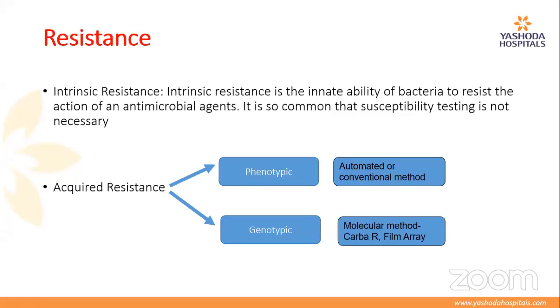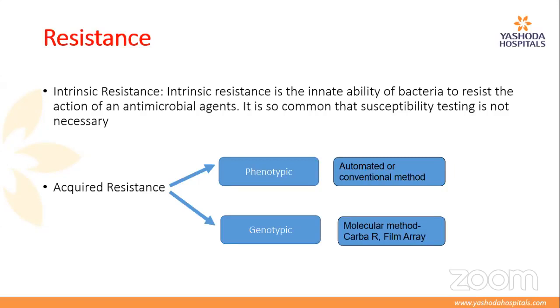First is the Enterobacterials group, the Enterobacteriaceae group, now known as Enterobacterales. All Enterobacterales should not be tested for clindamycin, daptomycin, glycopeptides, basically all the Gram-positive coverage drugs, and macrolides, except Salmonella and Shigella, which are susceptible to azithromycin. Now coming to Klebsiella pneumoniae, of course all these above drugs are intrinsically resistant, and apart from that, ampicillin and ticarcillin are also resistant for Klebsiella pneumoniae.